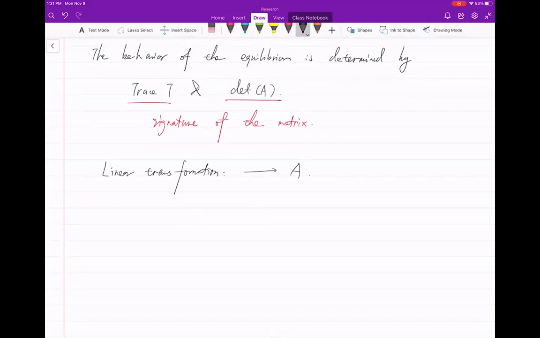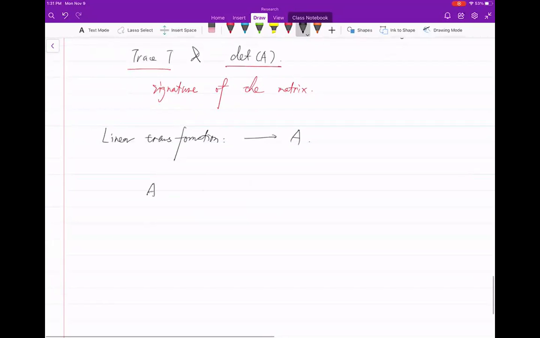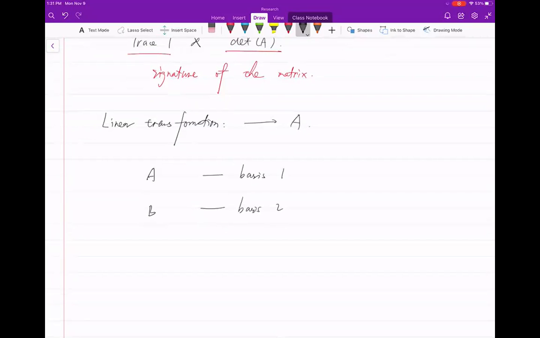That is, your matrix is not unique. Your matrix comes from the choice of bases. For the same linear transformation, if you use a set of bases, your matrix looks like this. But if you use a different set of bases, your matrix will look different for the same linear transformation.